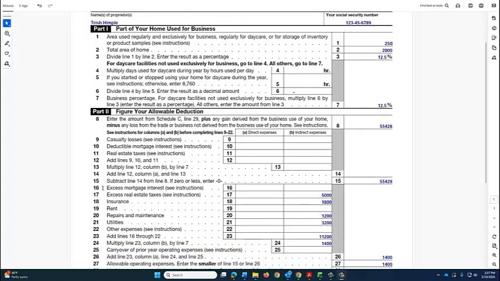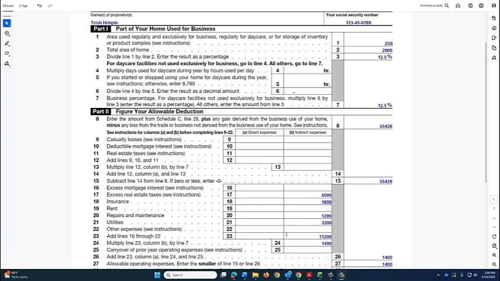On lines 16 through 23, we're going to enter the amount of expenses for the home, for the entire home, that Trish had. And we were given some figures in the instructions, and so she had $5,000 in real estate taxes, $1,800 in insurance, $1,200 in utilities, and $3,200 for repairs and maintenance. Line 21 is utilities, that's $3,200, and then the total is $11,200.